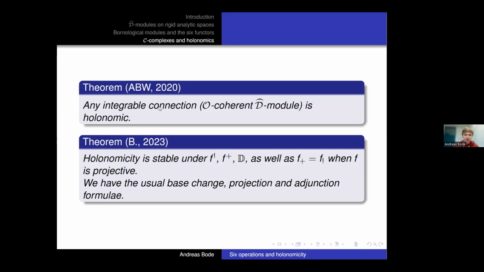If you consider D-modules that are already coherent over O, so these are the vector bundles with flat or integrable connection that I mentioned in the very beginning, kind of the strictest finiteness condition, all of these are holonomic in the sense that I said in the previous slide.